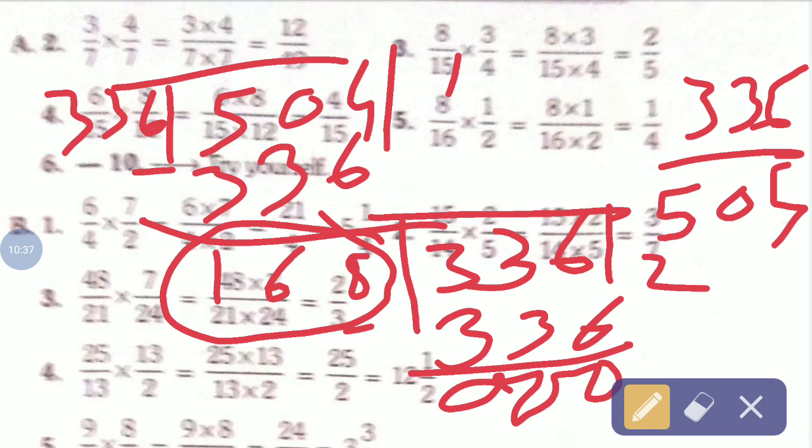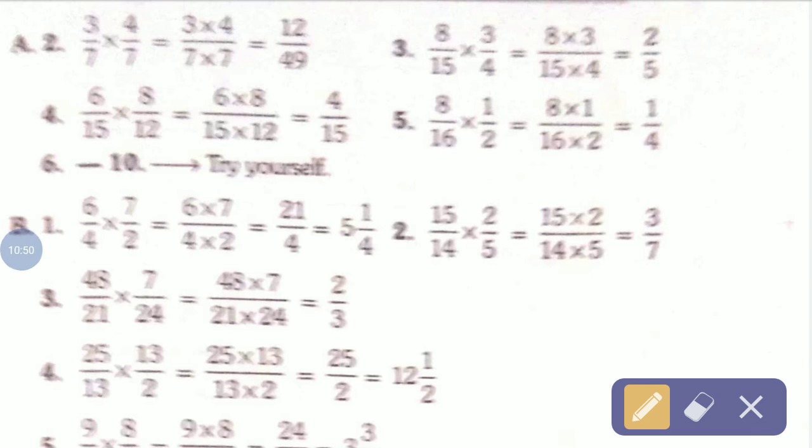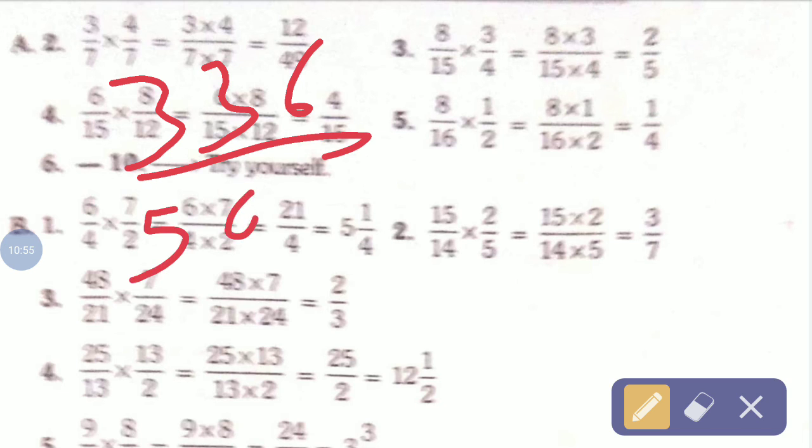So it's very easy. Now if we divide 336 and 504 directly by 168, we will get the answer directly. Let us see that. Our numbers are 336 and 504.